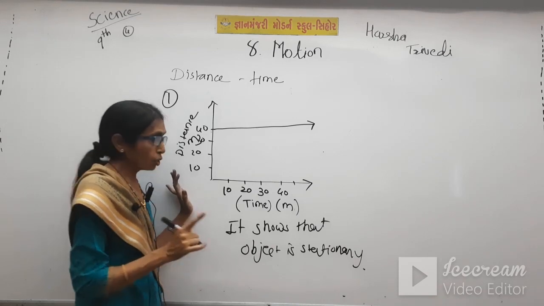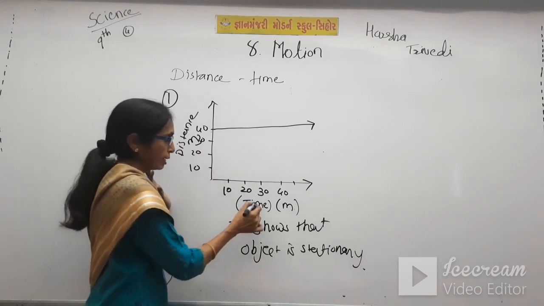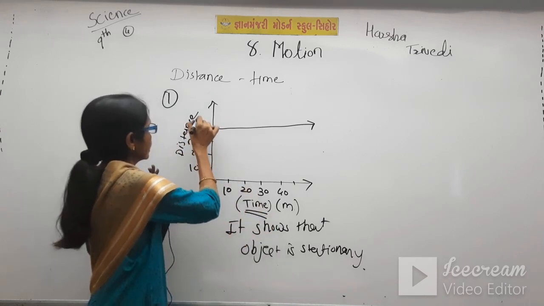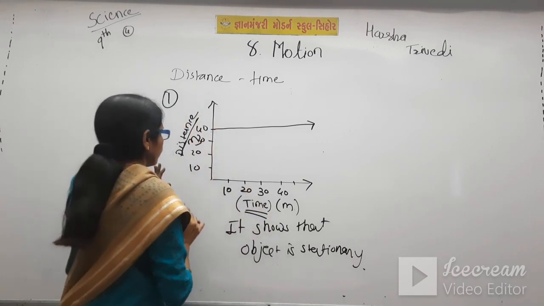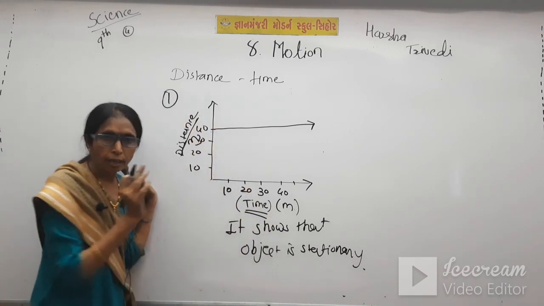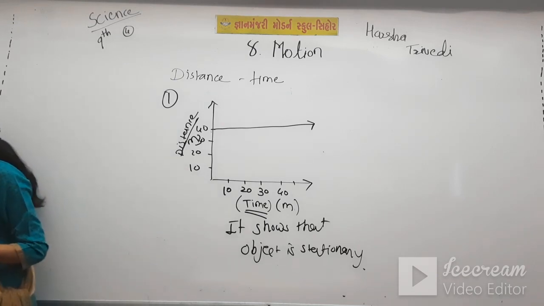When the graph is a distance time graph, these two things are very important. Now, the second situation.